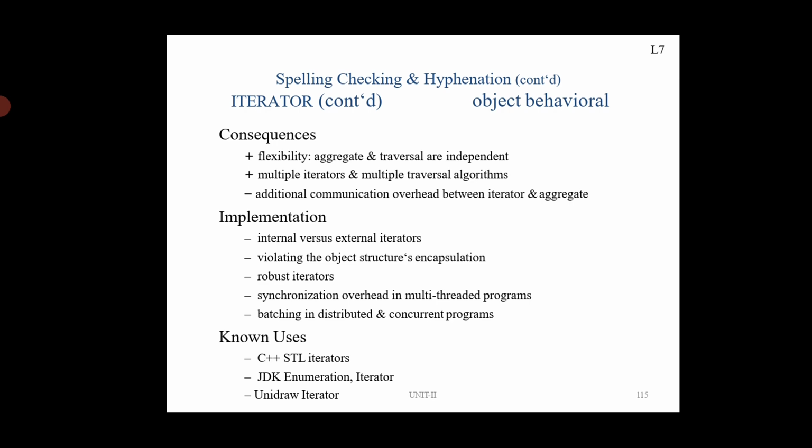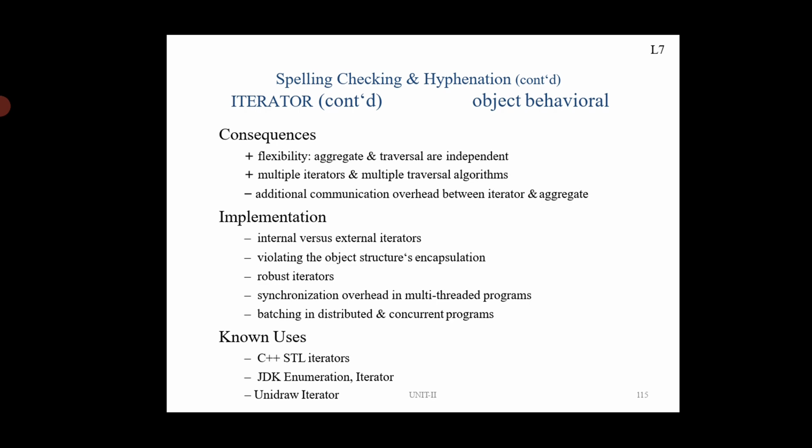Here we need to study synchronization overhead in multi-threaded programs and batching in distributed and concurrent programs. In the sense, an iterator simplifies the aggregate interface. The iterator traversal interface obviates the need for a similar interface in aggregates, thereby simplifying the aggregate interface also.